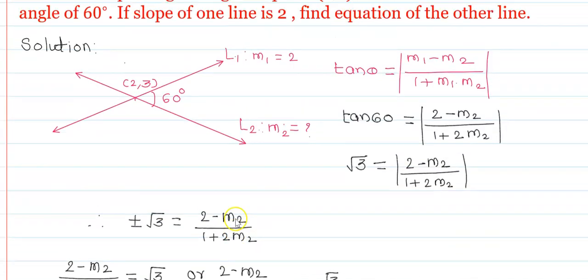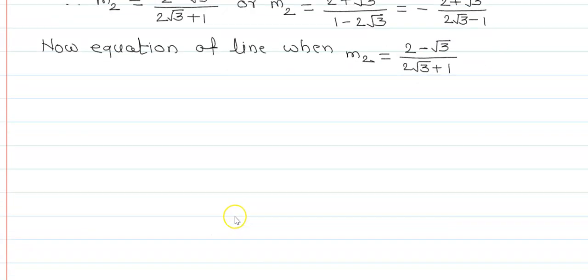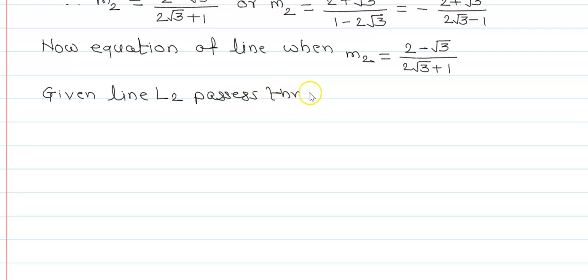The given line passes through the point 2, 3. The line L2 passes through the point 2, 3.